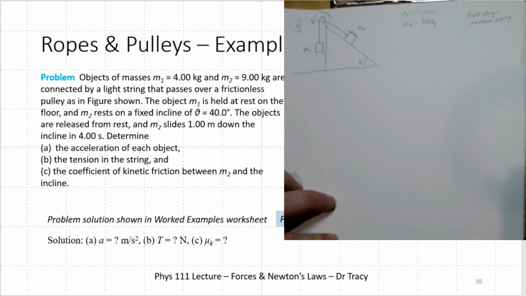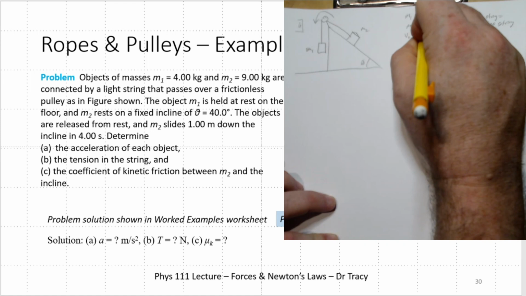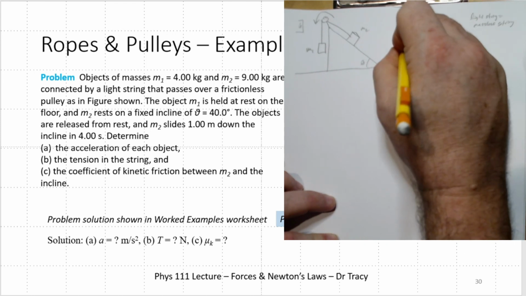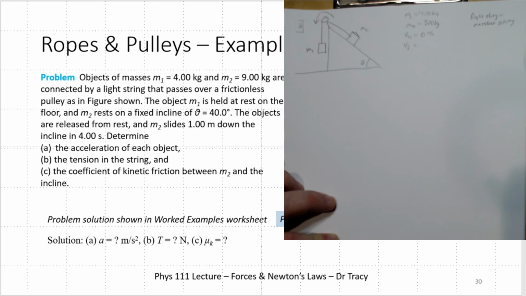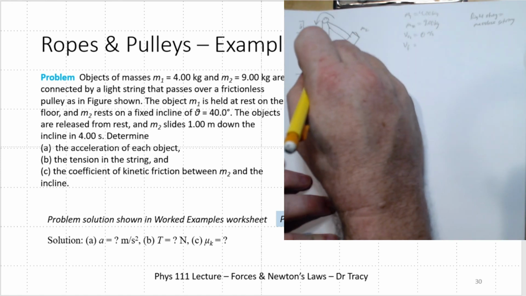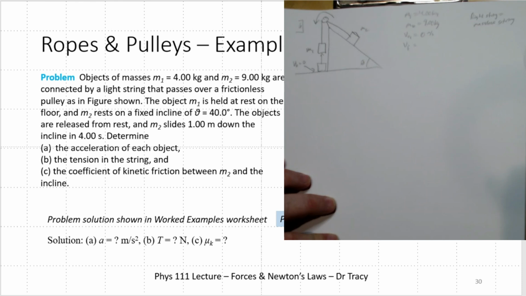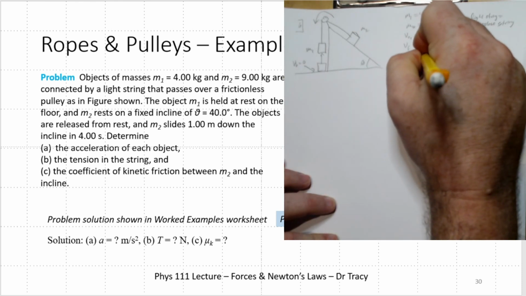The object mass 1 is held at rest, so we have an initial velocity of 0 meters per second. And there's going to be a final, maybe. Oh, looks like the motion is going the other direction. But this says that it's at rest on the floor. M2 rests on an inclined plane at an angle theta, 40 degrees.